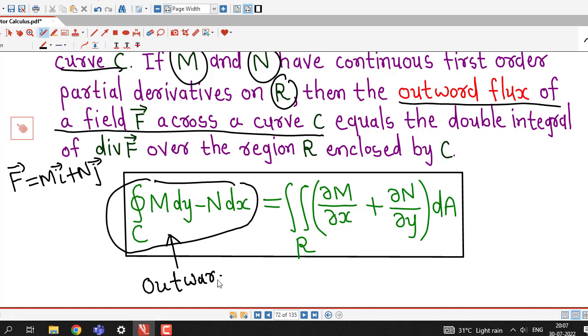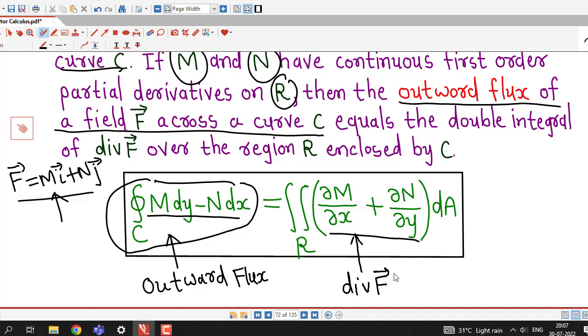So this quantity on the left hand side is outward flux of a vector field f bar, which is equal to Mi plus Nj, and this is M dy minus N dx, and this is equal to double integral of divergence of this f bar, which is del M by del x plus del N by del y over the region R. So this quantity is nothing but divergence of f bar.